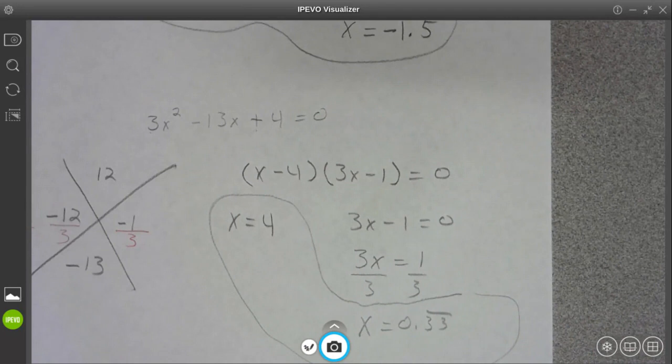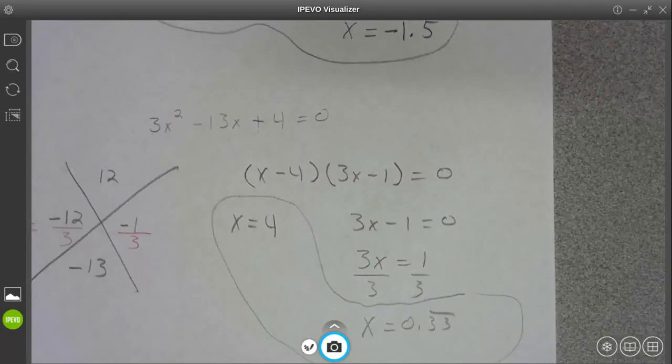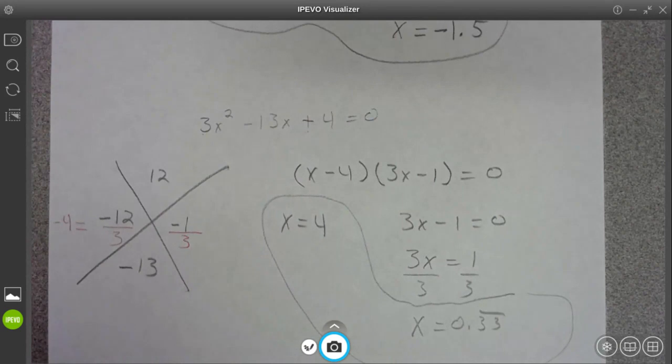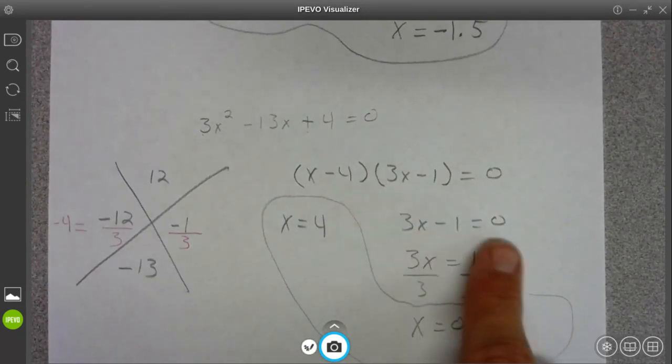I guess I'm going to mention this. It might save you some time. If you like to memorize stuff, it'll help you. If you're using the AC method like I'm doing here, if you're doing my other method, the old school method, forget this. Just keep doing that and then set the factors equal to 0.